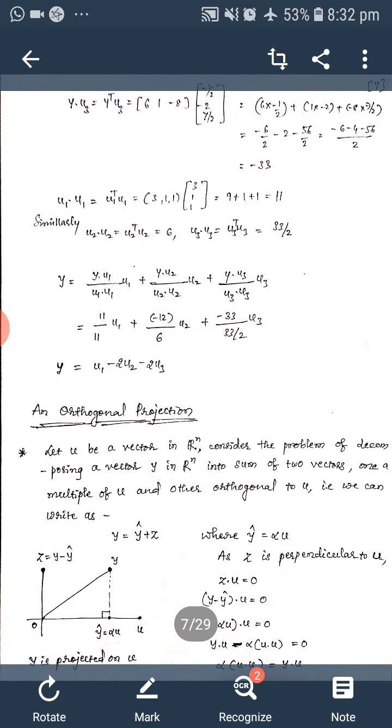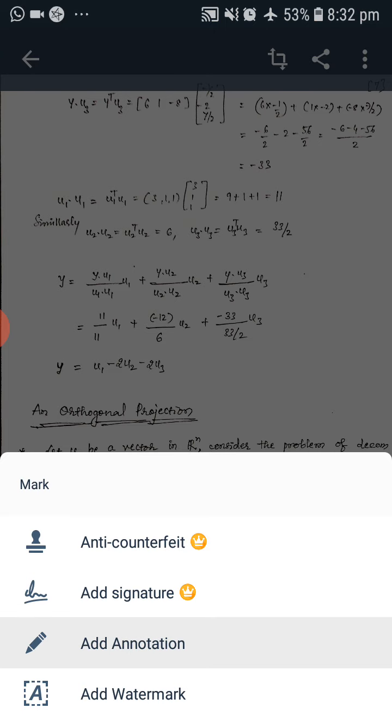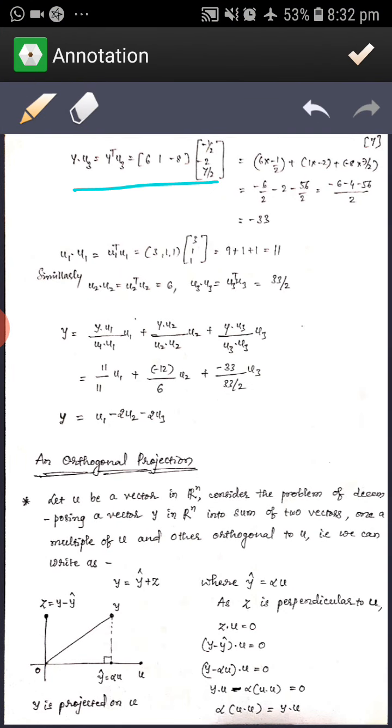Similarly the next one, y dot u3, is coming minus 33. Then the equation you can write here: y is equal to y dot u1 divided by u1 dot u1, plus y dot u2 divided by u2 dot u2, plus y dot u3 divided by u3 dot u3.